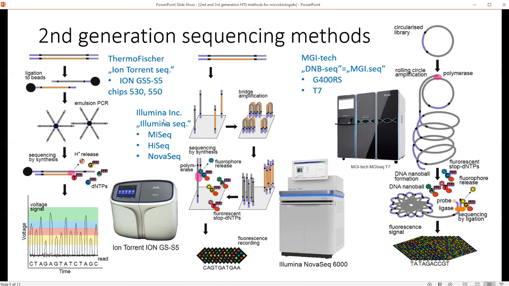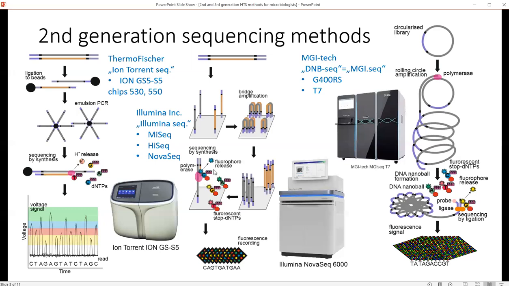The next and perhaps most broadly used technique nowadays is Illumina sequencing by Illumina Incorporated. The known platforms include MiSeq, HiSeq, and NovaSeq. Here, the amplicons are first linked to tiny glass plates, and on those plates so-called bridge amplification is performed, where those single molecules are replicated to thousands of different molecules, and then again the sequence reading is done by synthesis when polymerase adds one or the other of the four nucleotides.